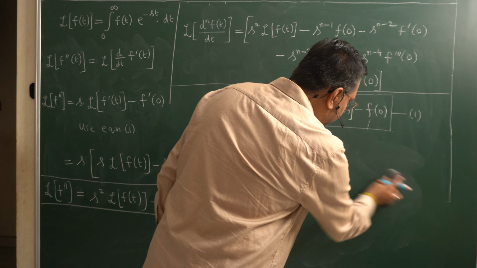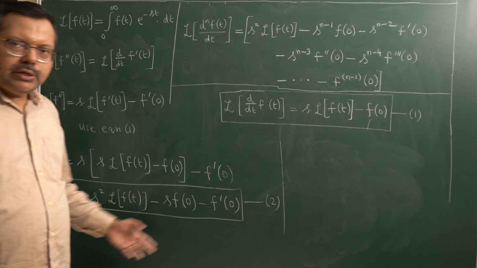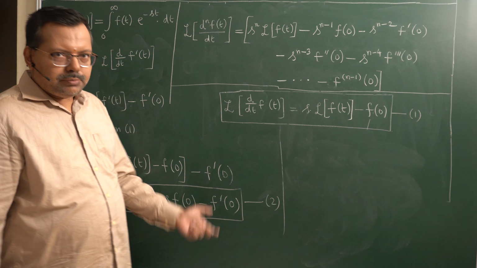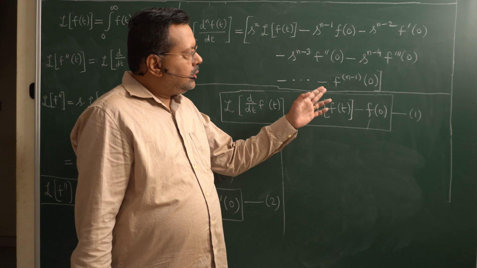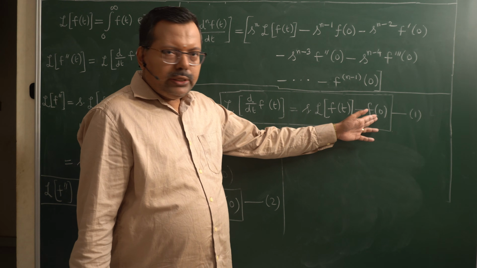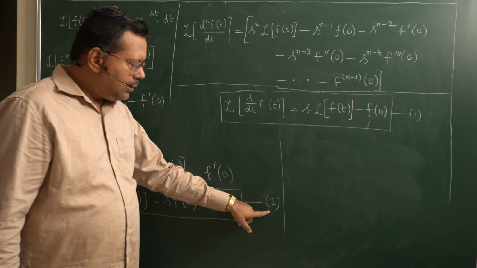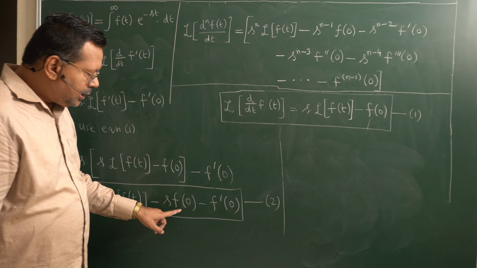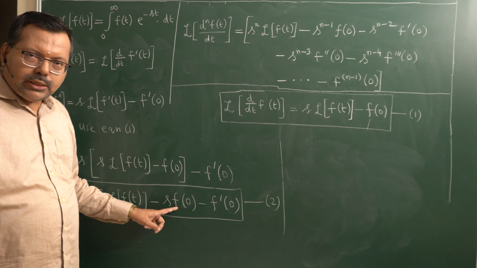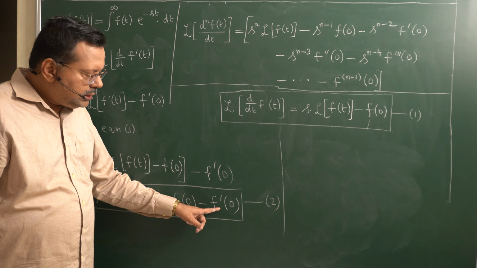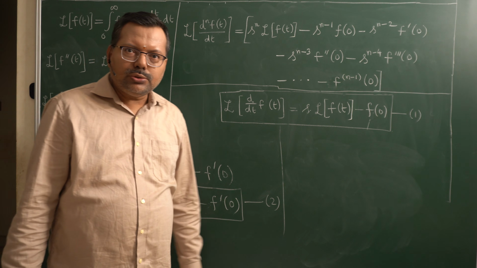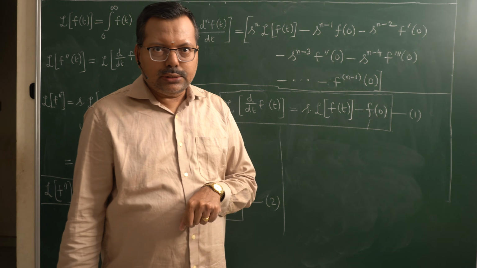Keeping these points in mind, the equation is very meaningful, because this represents the initial conditions. Here you have only one initial condition, f of 0. If you look at equation number 2, there are two initial conditions: f of 0 and f prime of 0. Why do you want two initial conditions?